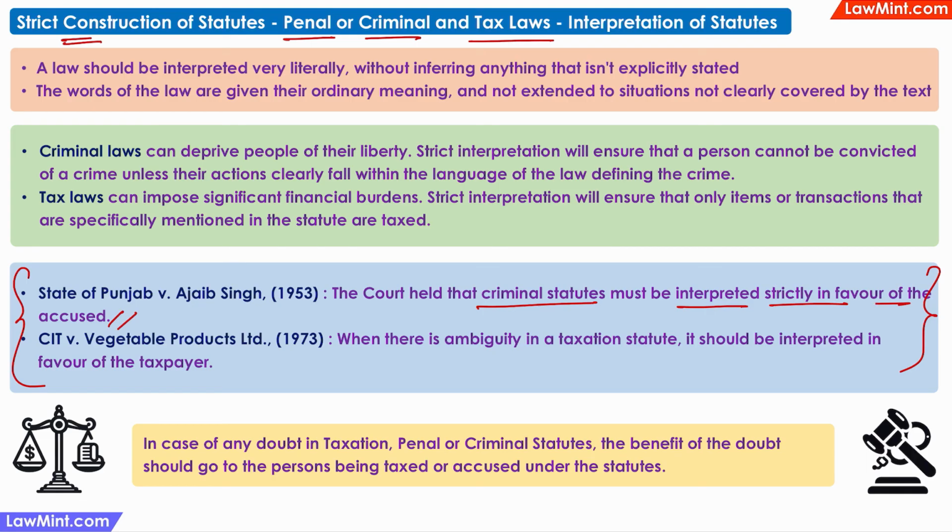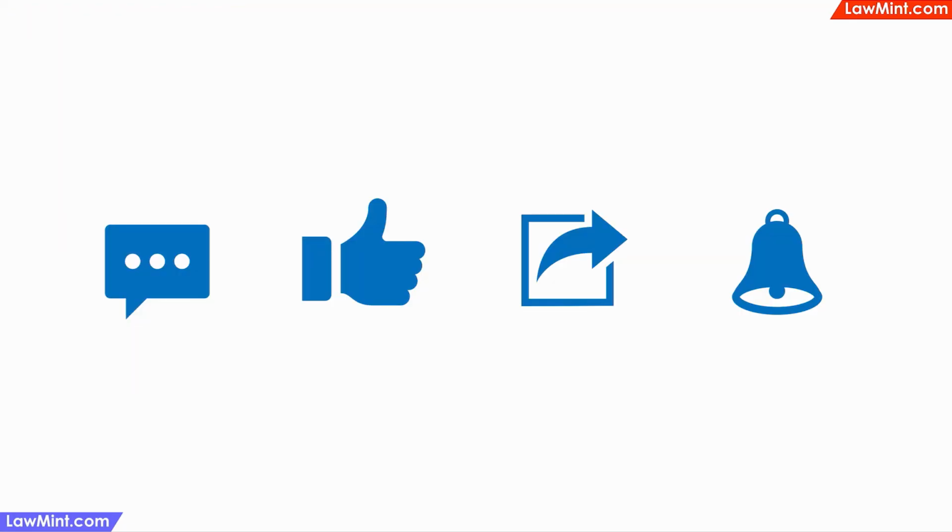And if there is an ambiguity in a taxation statute, it should be interpreted in favor of the taxpayer. As I have previously mentioned, if there is a doubt in a penal, criminal or taxation related statute, then the benefit of the doubt should go to the persons being taxed or the persons being accused under those statutes. With that, we have come to the end of this part.